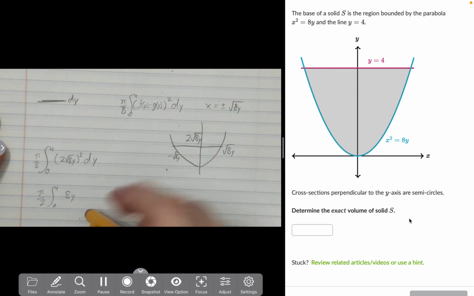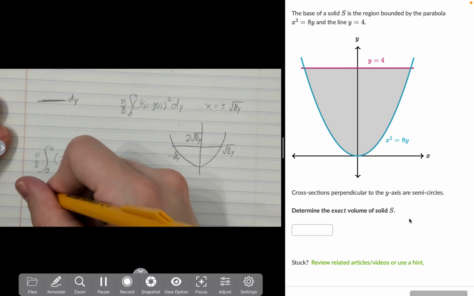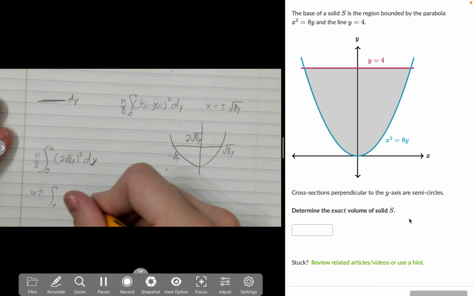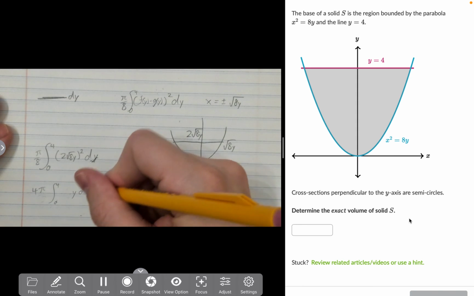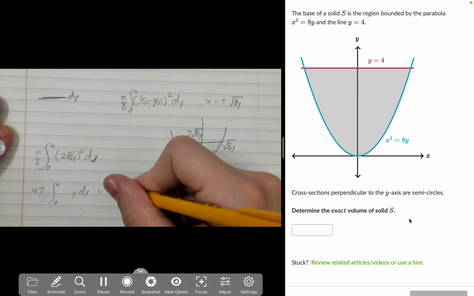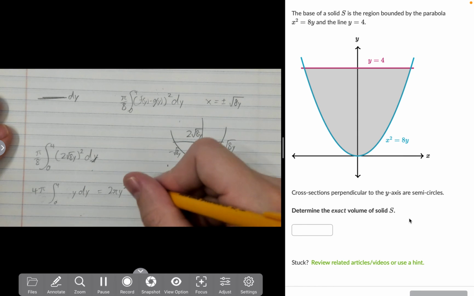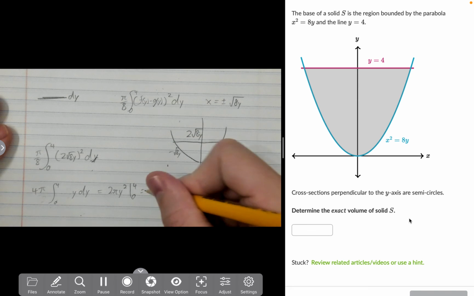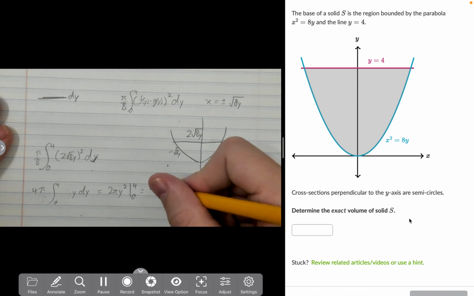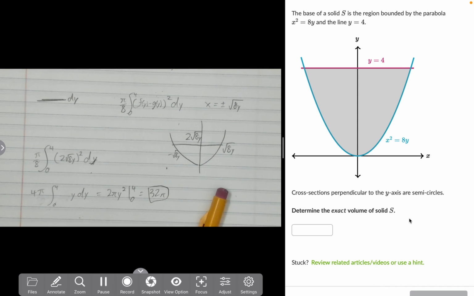So actually I'm going to pop that 8 out as well. So that's just going to be 4 pi times y dy. So when I integrate that, that'll be y squared over 2. So the over 2 will work with the 4 again. Evaluate that at 0 and 4. I only have to worry about plugging in 4. That looks like that's going to be 32 pi.